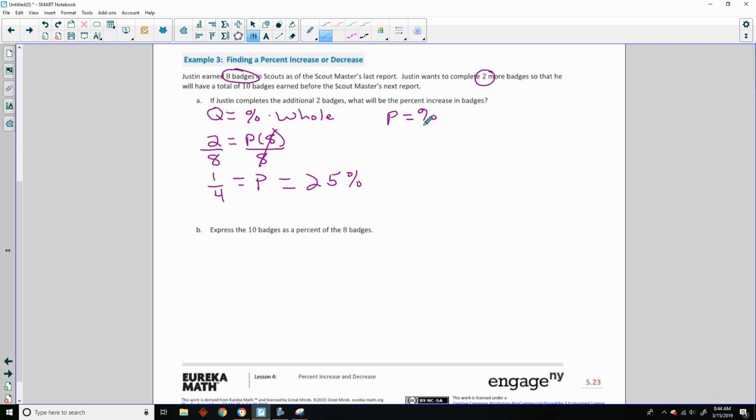Okay, so getting 2 more badges would be an increase of 25% of his total. Express the 10 badges as a percent of the 8 badges. So now 8 badges is the whole, or 100%. 2 badges is 25%.